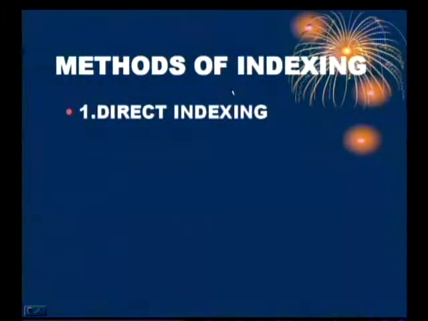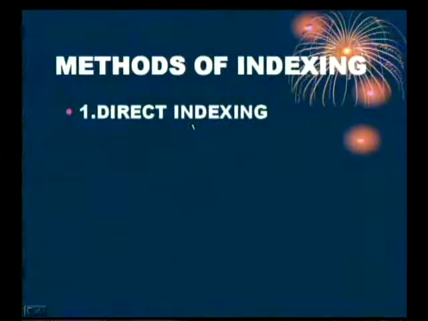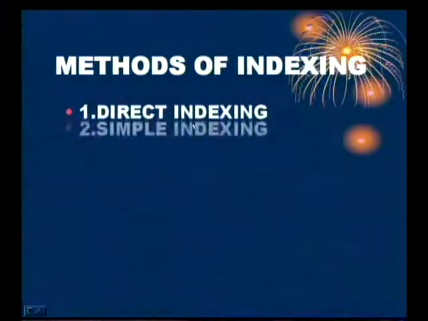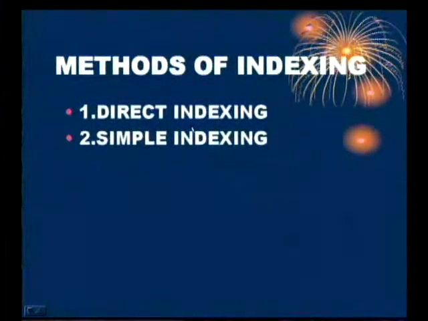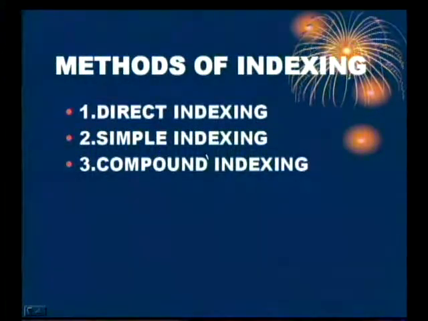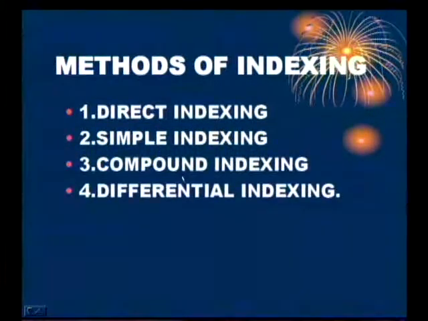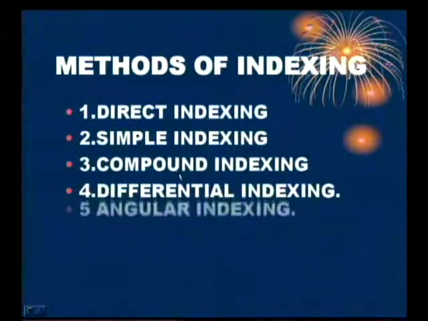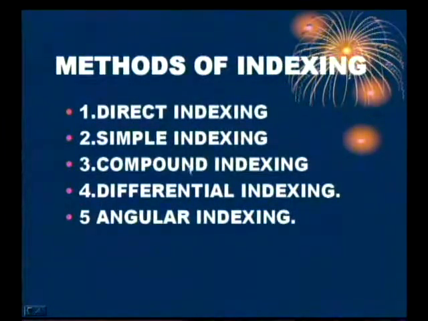What are the methods of indexing? We have seen different types of indexing heads, and the methods also vary. One is direct indexing, another is simple indexing, then compound indexing, differential indexing, and lastly angular indexing. These are the 5 methods.